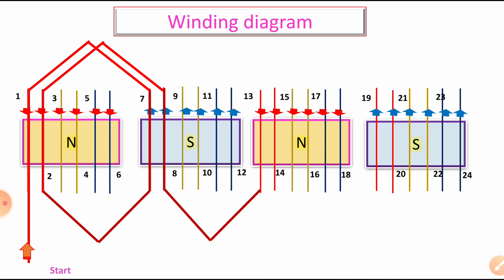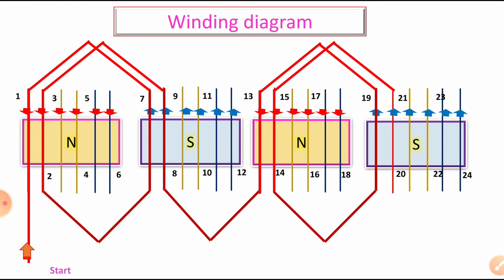So another batch, north pole, south pole. It is connected to the 13th, and 13th is connected to the 19th, and 19th is connected by the front pitch to the 14th, and 14th is connected to 20. Okay. So that is connected to the ending. Starting and ending we connected. One phase is completed. Next, another phase.